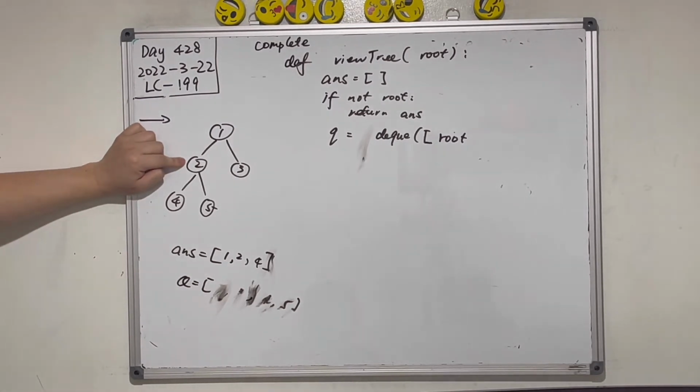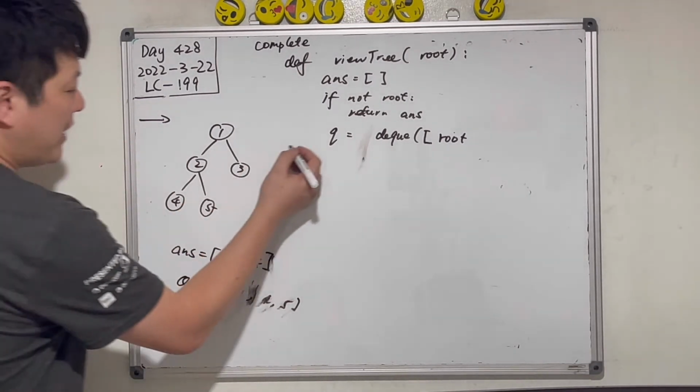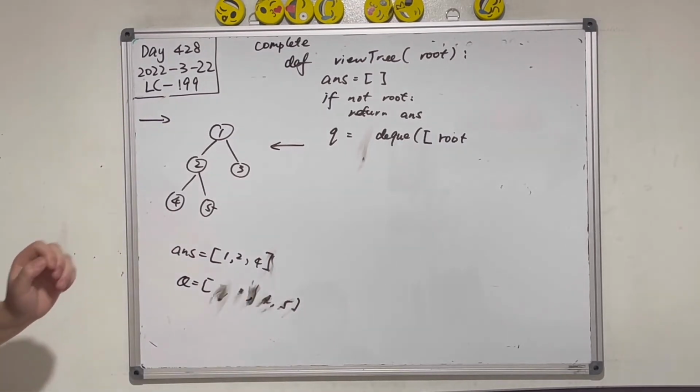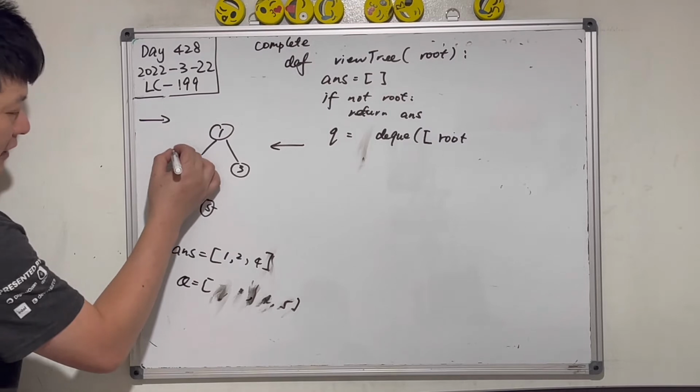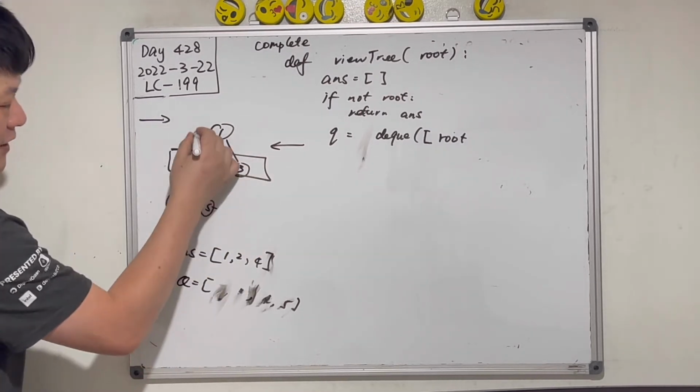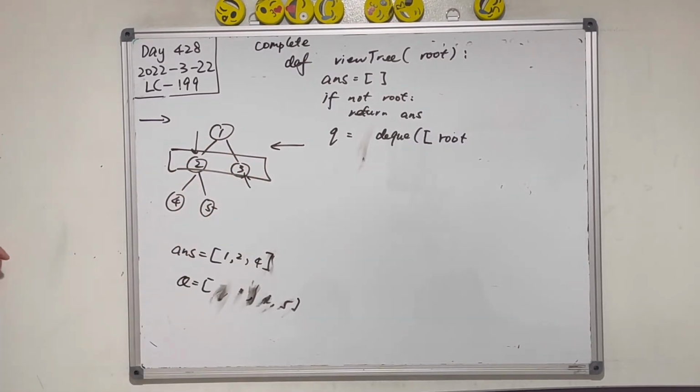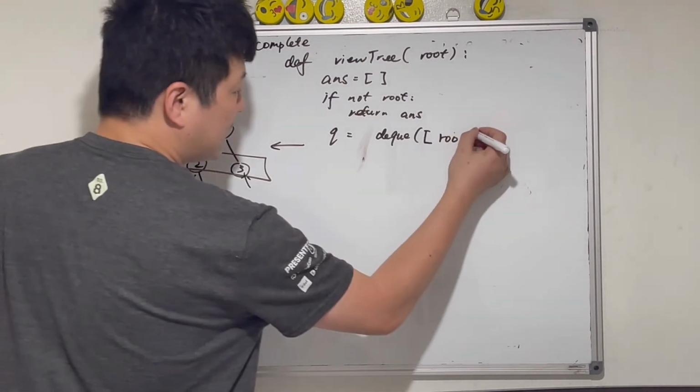But if I want to do the right side view, the only difference is that instead of the first kid, I take the last kid, right? Am I right? This makes sense.